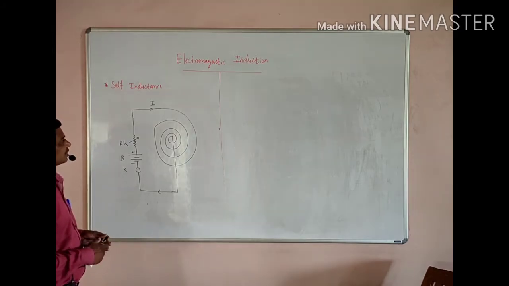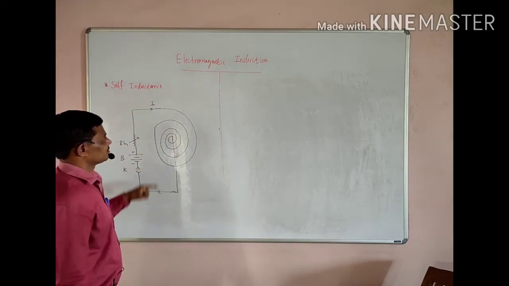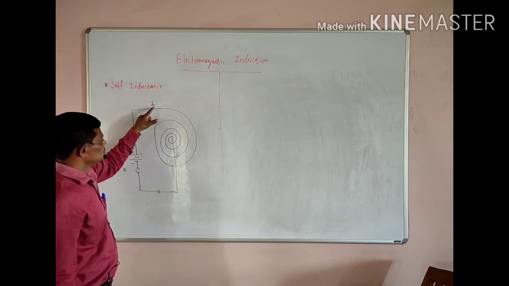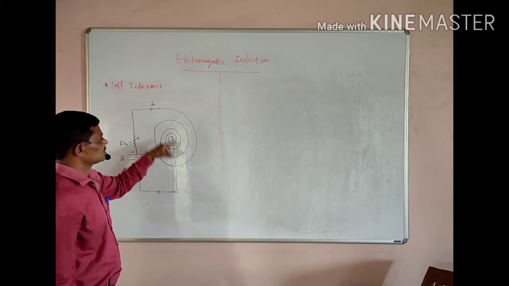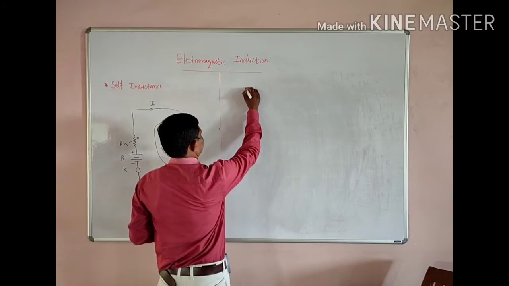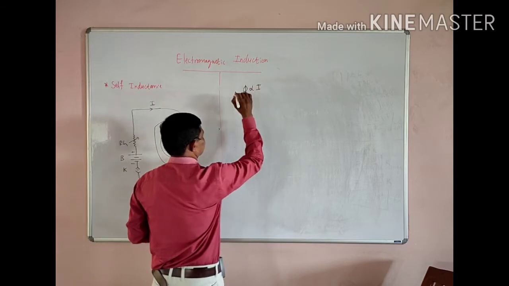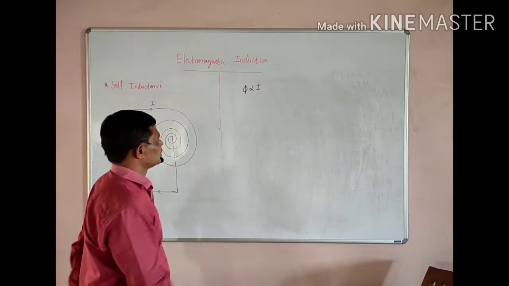When I is the current flowing through this coil, and due to this current the magnetic flux linked with it is, suppose, phi, then we know that this phi is directly proportional to I, the current flowing through it.